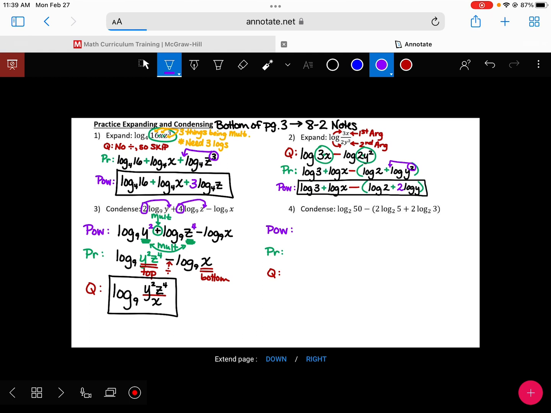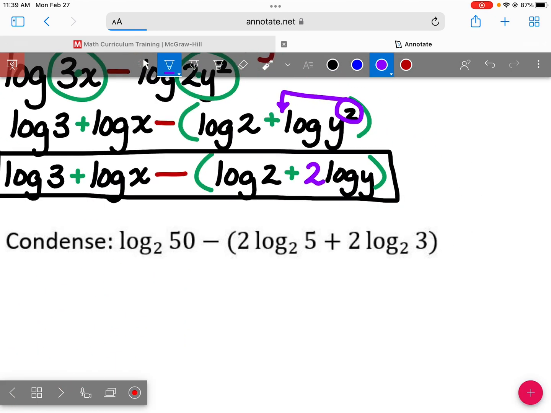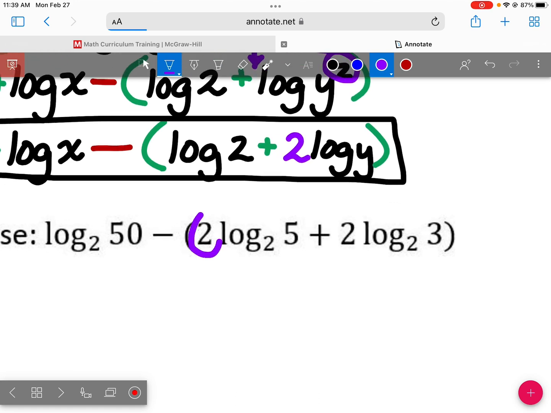Do I need powers property on this one? Yes. Where would I need powers property at? In the parentheses. This 2 right here becomes an exponent on which piece? On the 5. What about this 2 right here? It becomes an exponent on the 3.